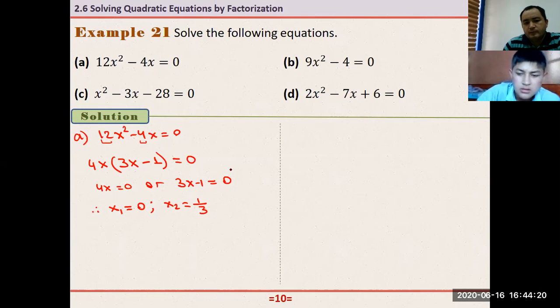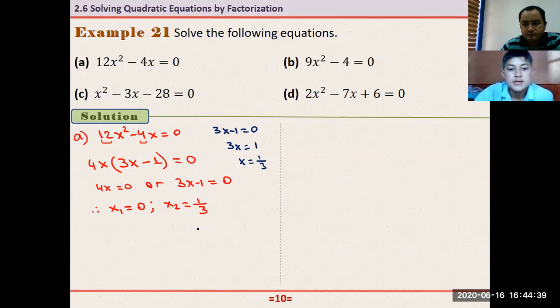Why? Here we have 3x minus 1 equals 0. 3x equals 1 after taking it to the right hand side. Divide both sides by 3, it is 1 over 3. Okay?